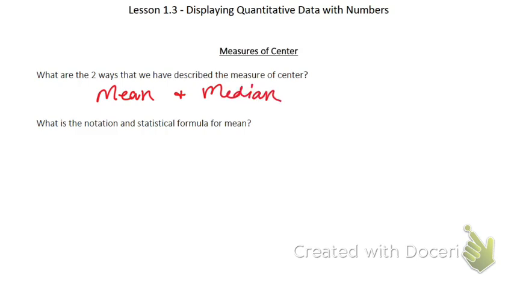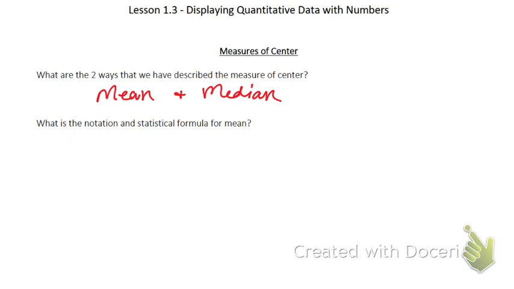Now, can you guys tell me, how do you find the mean? You add up all the numbers and divide by the number of numbers, right? Ladies and gentlemen, I'm about to show you the very fancy statistical formula for adding all the numbers and dividing by the number of numbers. It doesn't change that you're still just going to add up all the numbers and divide by the number of numbers, okay? So here we go.